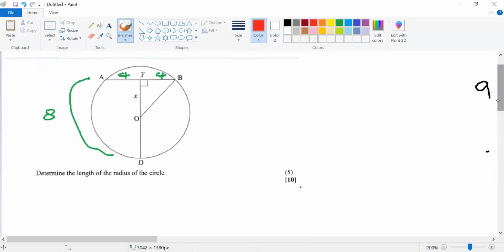OB is special because it is actually a radius, right? So if I notice, this is a radius right here, but also this right here is a radius as well. And because I know that both these lines are equal, if I can find a way to calculate line OD, to determine the length of that in terms of X, then I'm going to be good to go. And let's see if we can do that.